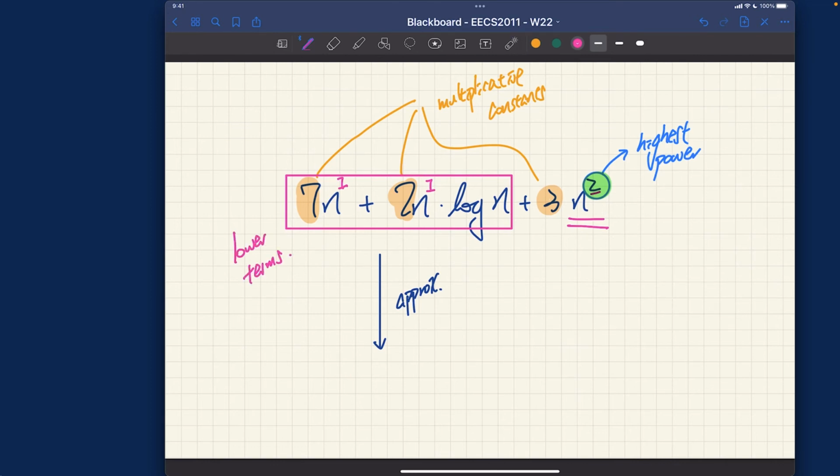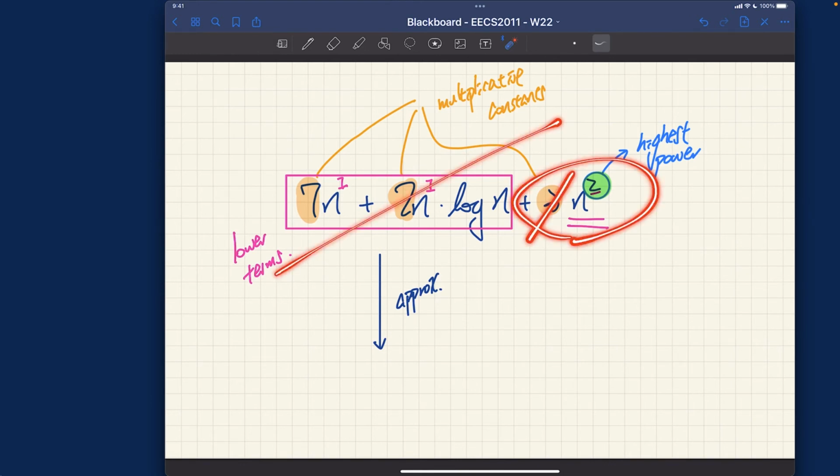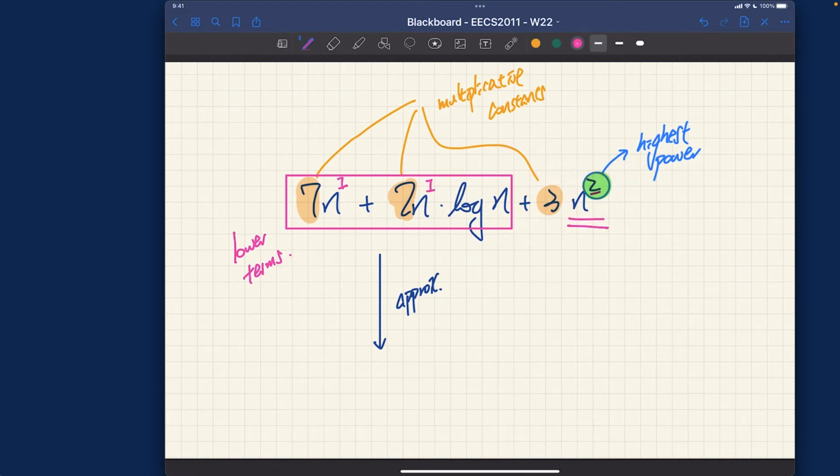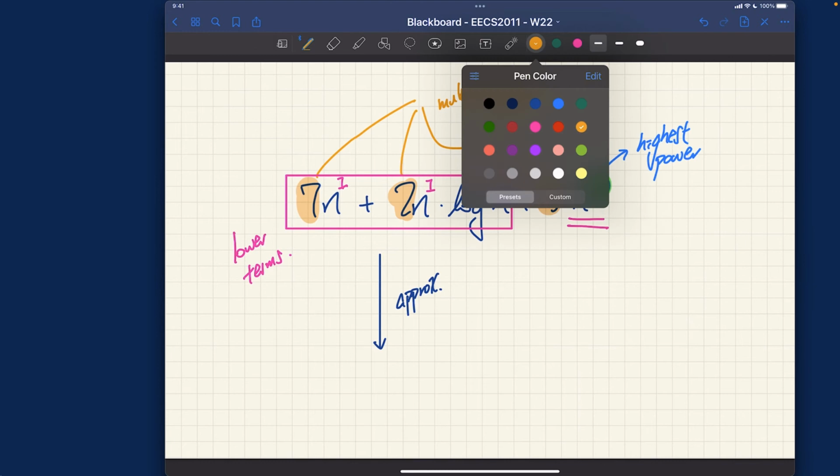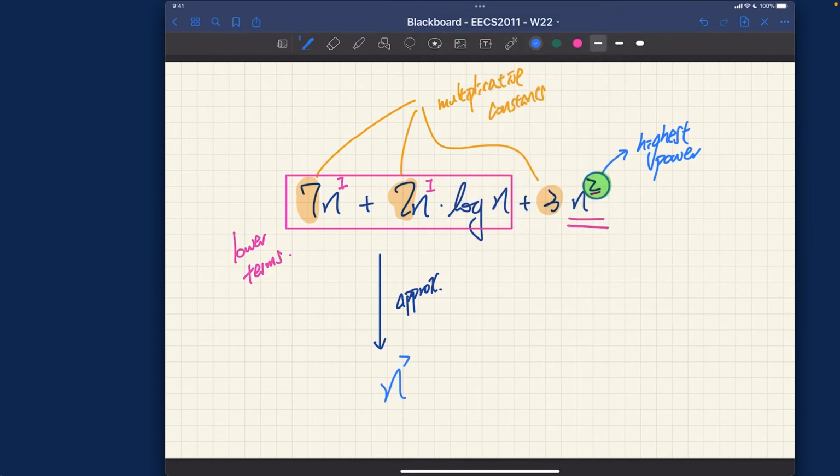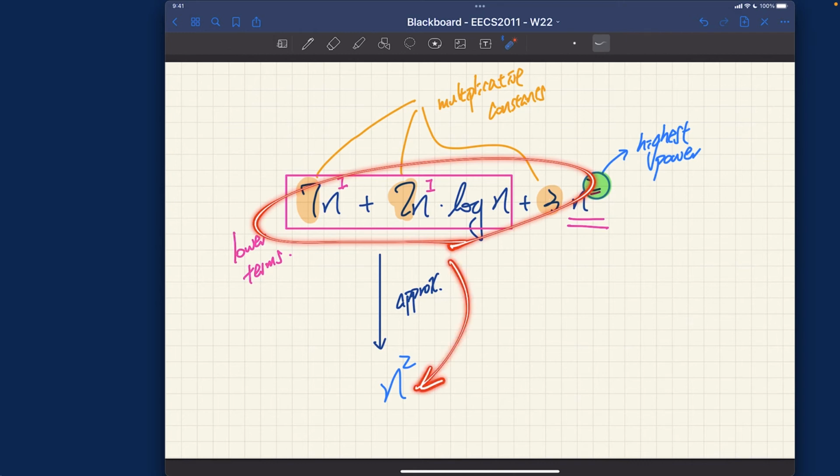In that case, we can simply drop them, and we only got this term left, but we can also drop the multiplicative constant. So we're getting only n to the power of 2. Finally, this is what we can approximate this formula into: n to the power of 2.